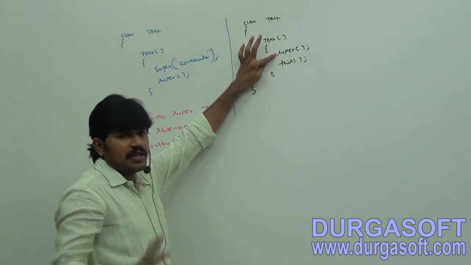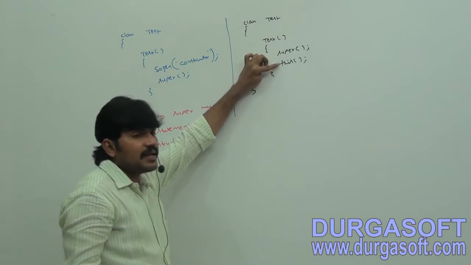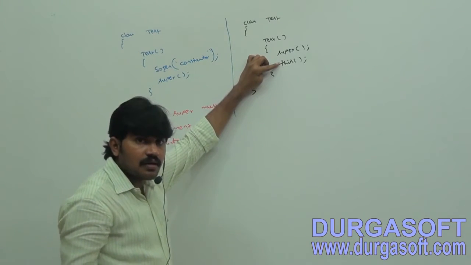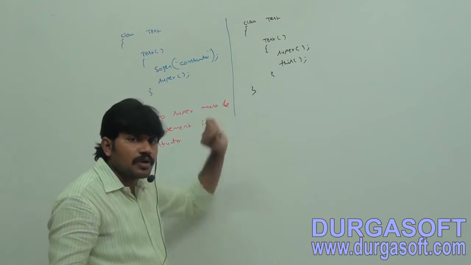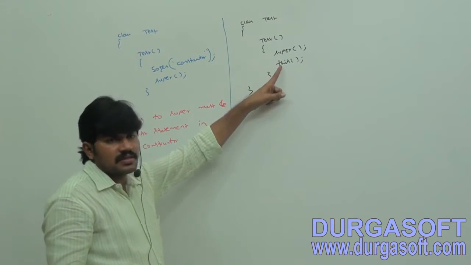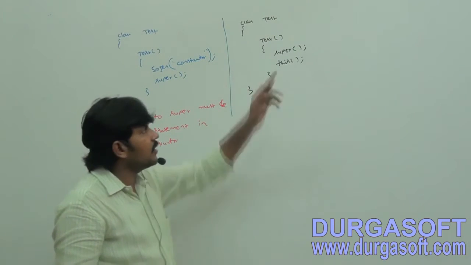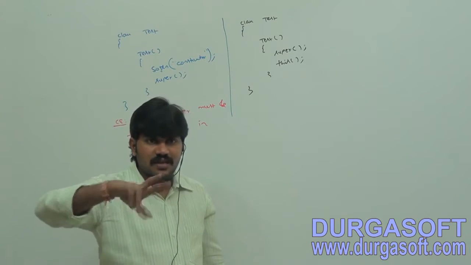In the first line we are taking super, but in the second line we are taking this, which is invalid, because super or this we have to take only in the first line, but I am taking it in the second line. That's why we can take either super or this, but not both simultaneously.